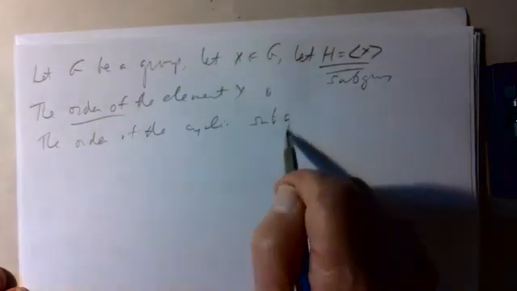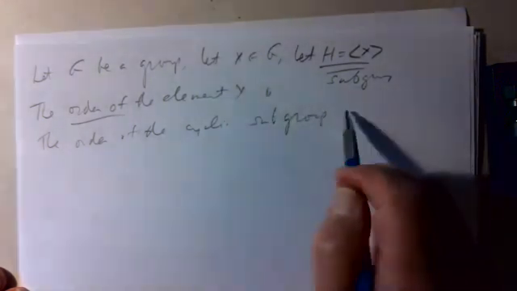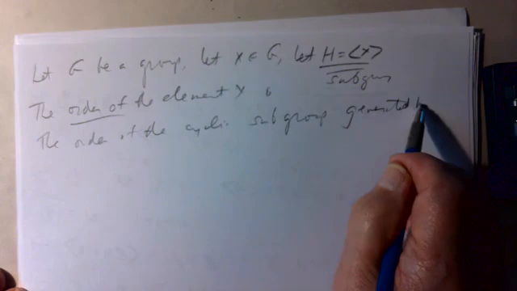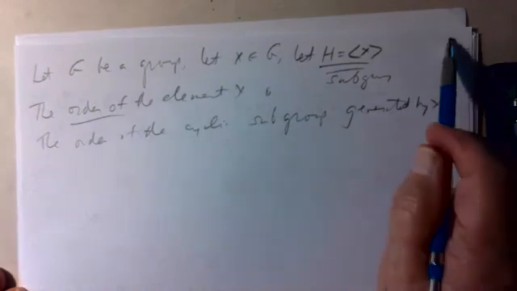What we call the order of the element X is exactly the order of the cyclic subgroup generated by X.